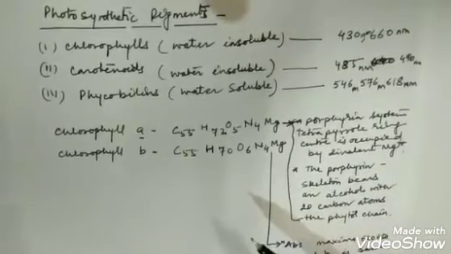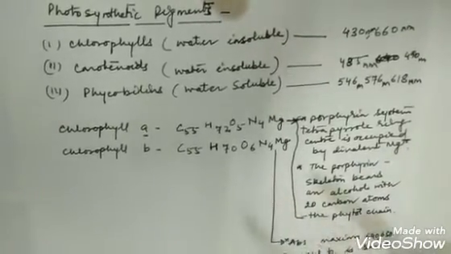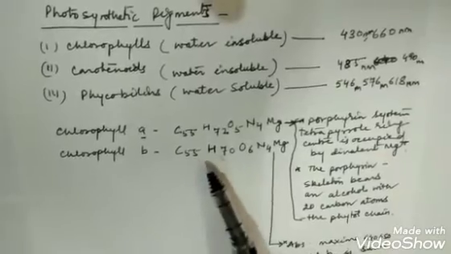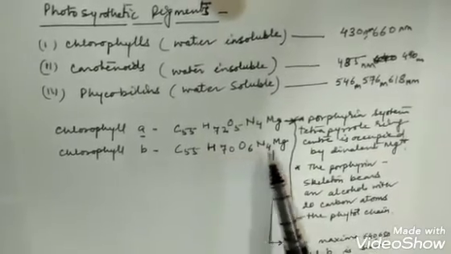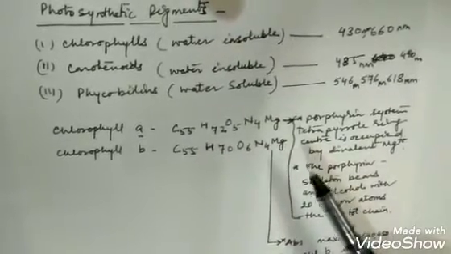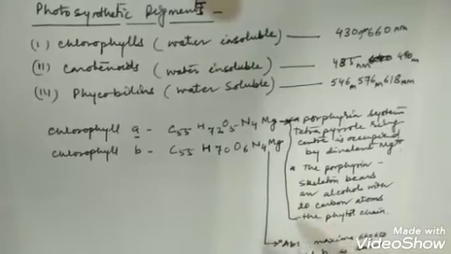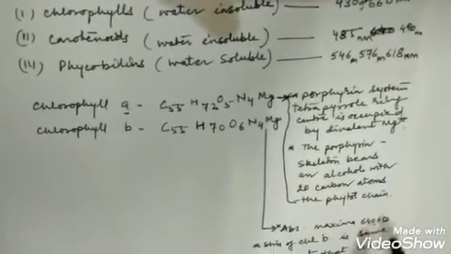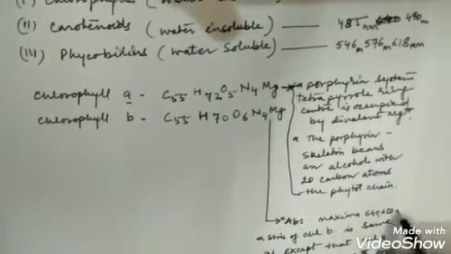And the chlorophyll B molecule has the empirical formula C55H70O6N4Mg, and this absorbs the light energy of about 640 to 650 nm.